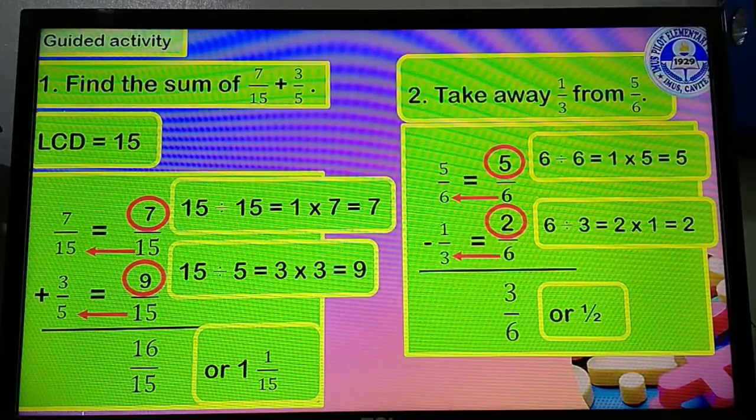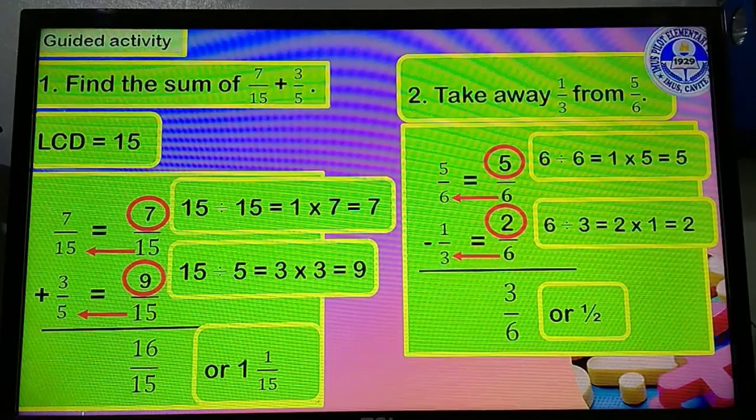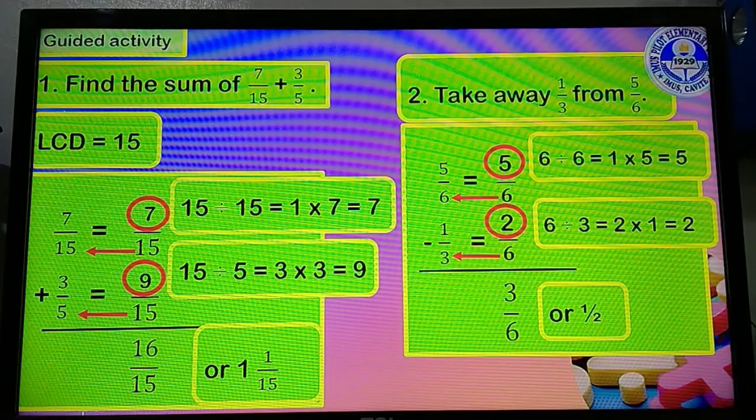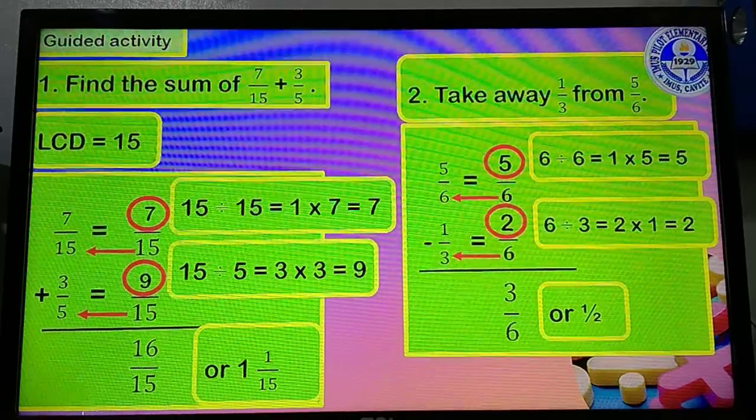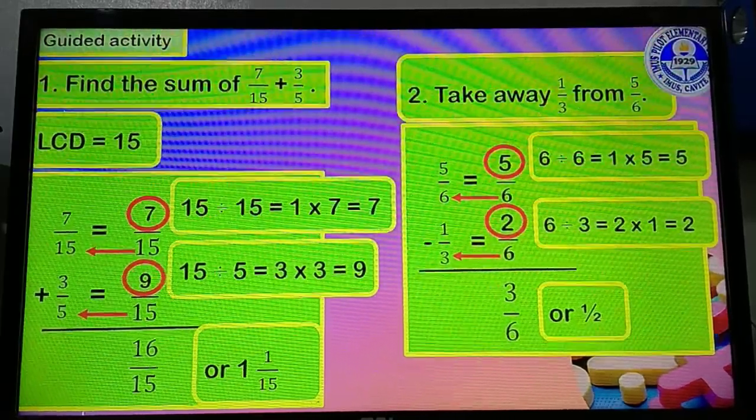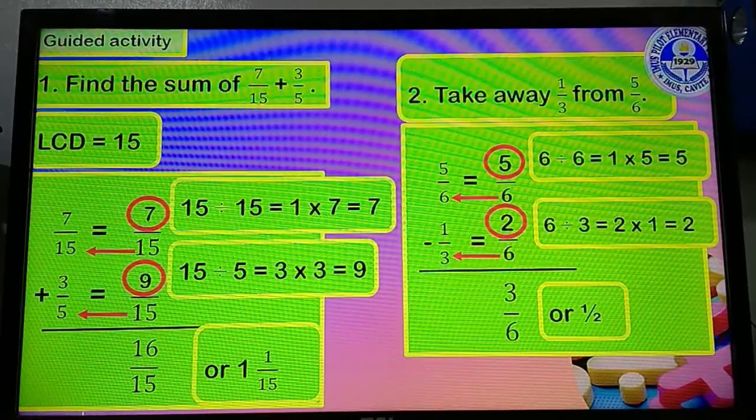Any question? Again, in adding or subtracting a mixed number or a fraction, always see to it that your fraction is similar fraction. Kapag similar fraction, you can add the fraction right away.